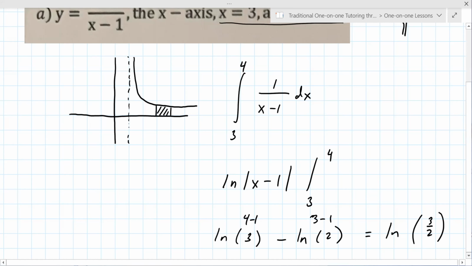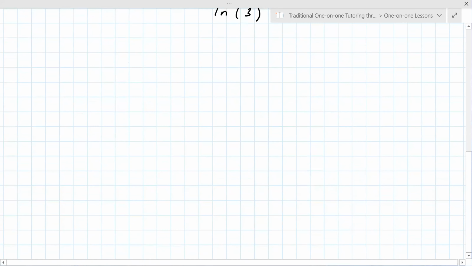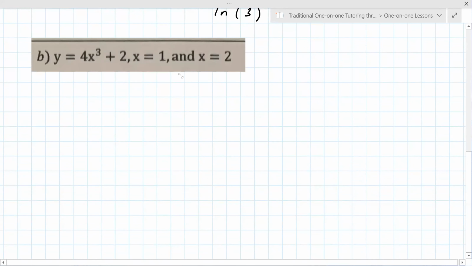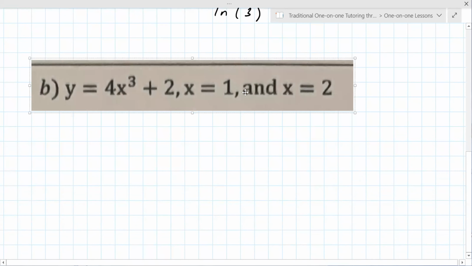All right, fantastic. So the next one here is a little harder to sketch, although it's not impossible. It's just you can't get a super accurate graph. Your parent function is x cubed. And x cubes come up and go, and they look like this. So the 4 stretches it, the 2 moves it up.